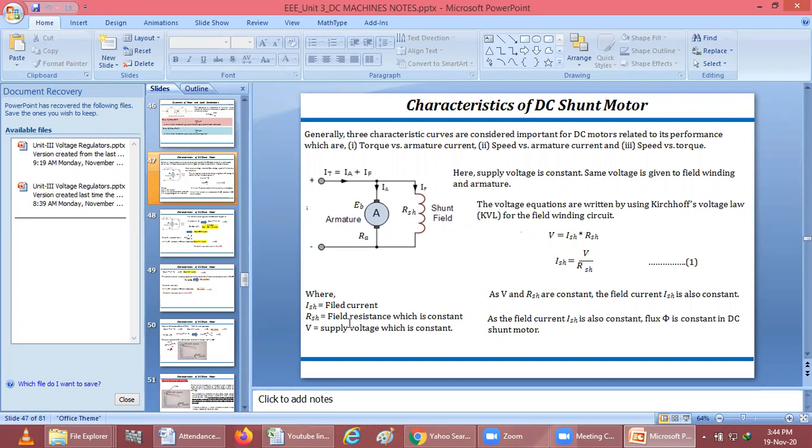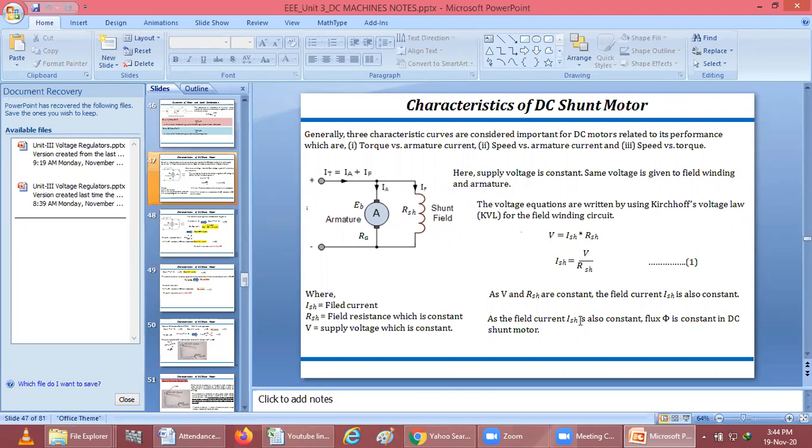You guys are aware of this. The value of voltage which we are giving and the value of impedance are constant. If these are constant, the value of ISH will also be constant.